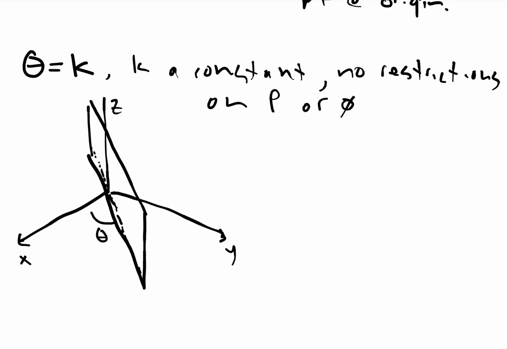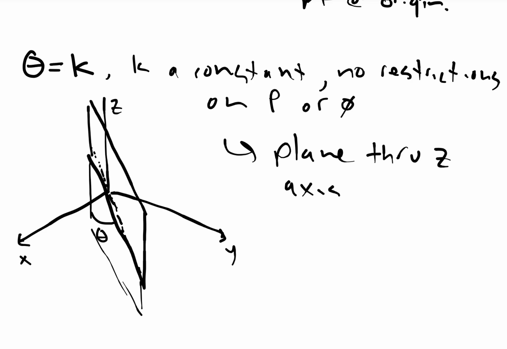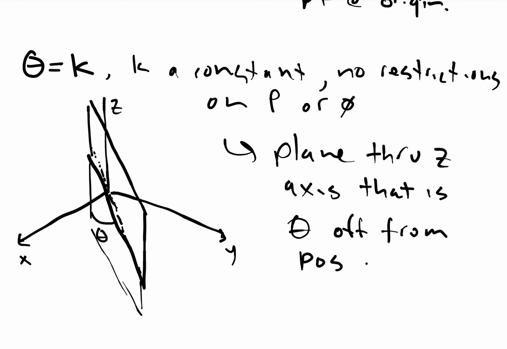If I assume that this plane extends down below, we can do that. You just have to have a phi that is greater than pi over 2. But if I give you no restrictions on these points, we basically get a plane through the z-axis, okay, that is basically theta off from your positive x-axis, okay?